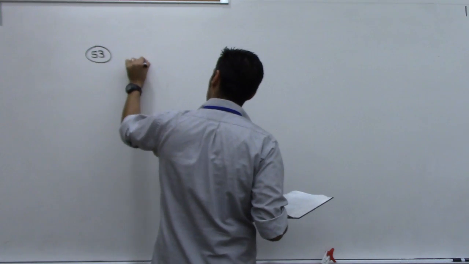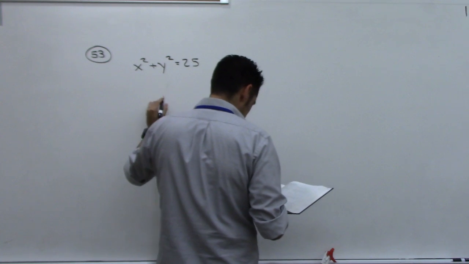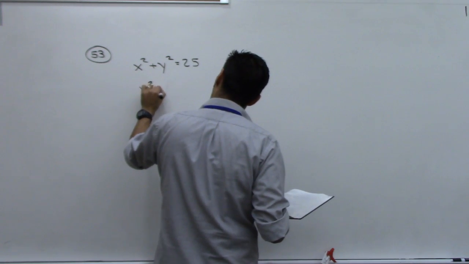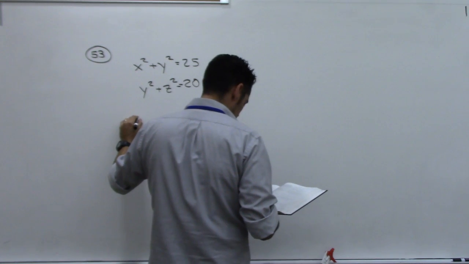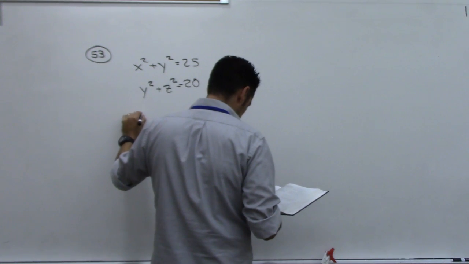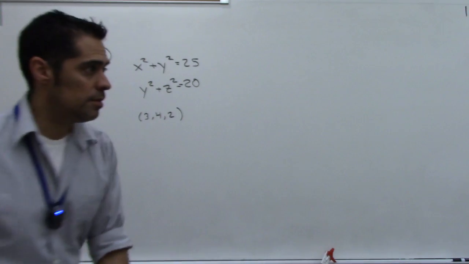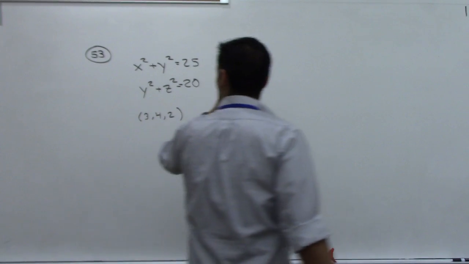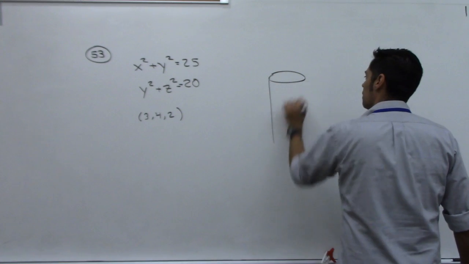So you have two cylinders. That one and then they give you a point. All right, so we have two cylinders. This is a cylinder that has a radius of 5, and it opens up the z-axis like this.